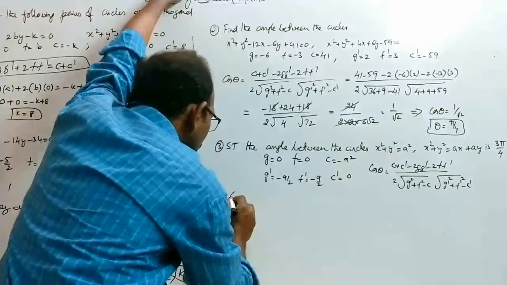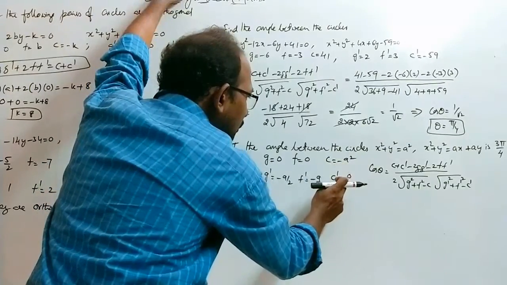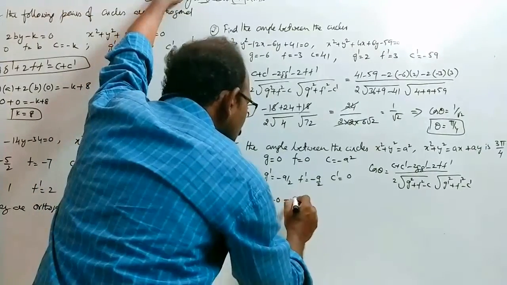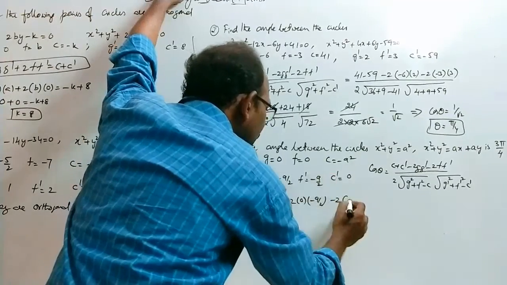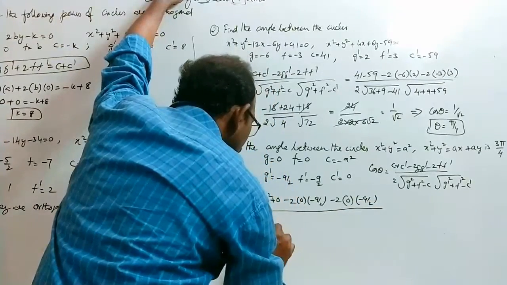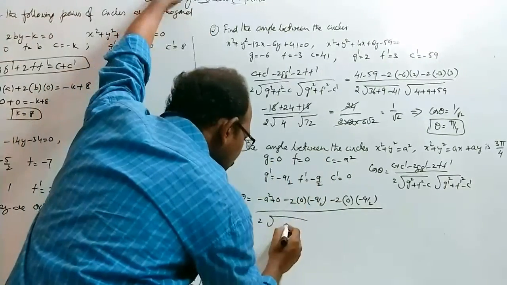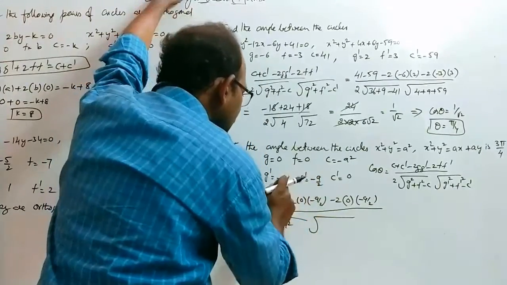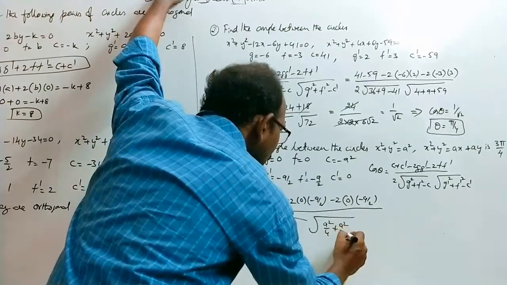Let us substitute. Therefore, cos theta is equal to C plus C dash, minus A square plus 0, minus A square plus 0, minus 2G 0, G dash minus A by 2, minus 2 into F again 0, F dash minus A by 2, by 2 into root of G square plus F square minus C. It becomes simply A square and again root of G dash square plus F dash square minus C dash. Here G dash square is A square by 4, F dash square also A square by 4, minus 0.